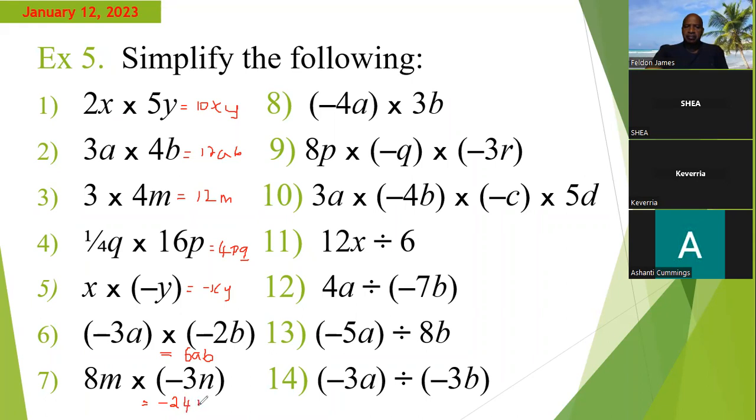Sir, because what I multiply by the number is negative. All right, so the rule is if you're multiplying a negative times a positive, the answer becomes negative. All right, thanks very much, Ms. Shea. Oh, you're welcome, sir.